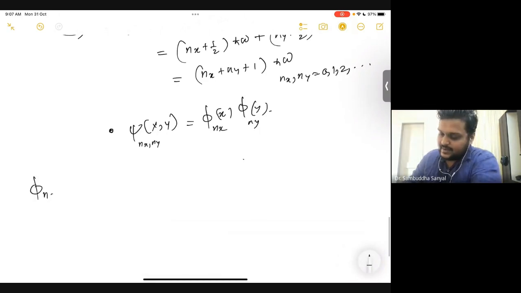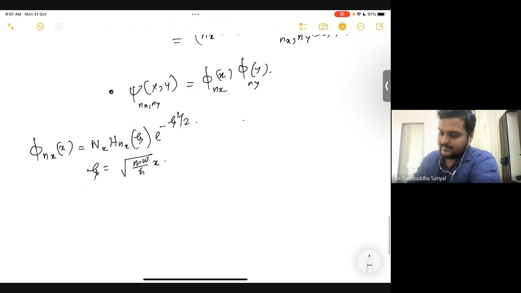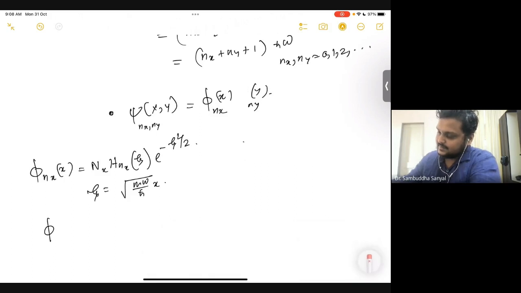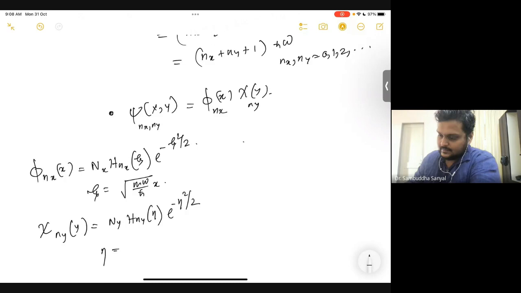So let me write down the phi n x, which is n x, and the zeta is nothing but... I'll actually use a different function, just writing the solution of two one-dimensional oscillators using a different function.